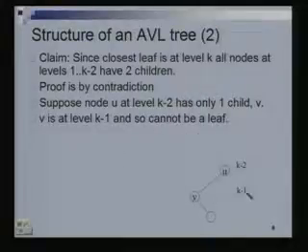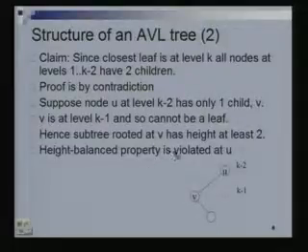So v is at level k minus 1, so it cannot be a leaf because our closest leaf was at level k. So it has to have another child. I have shown only one, but it can also have 2 children, no harm. But this node u has only one child.